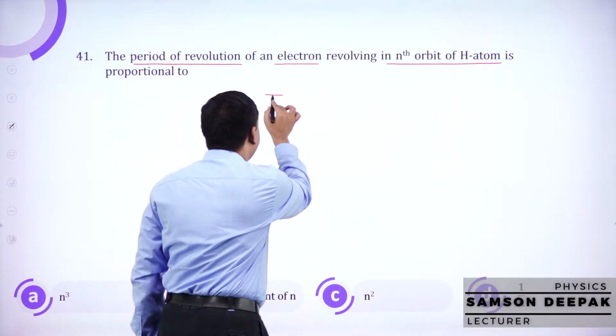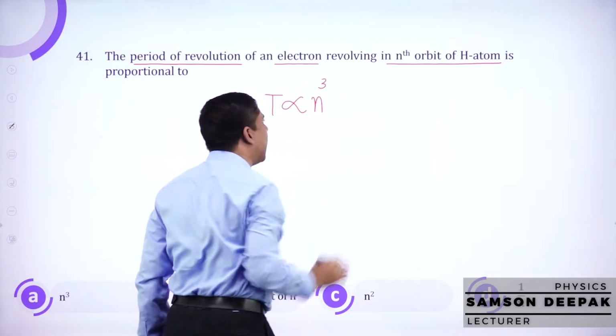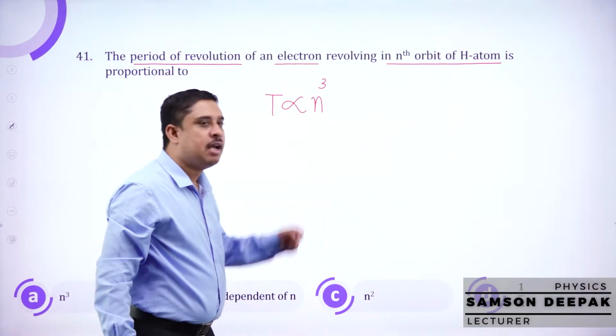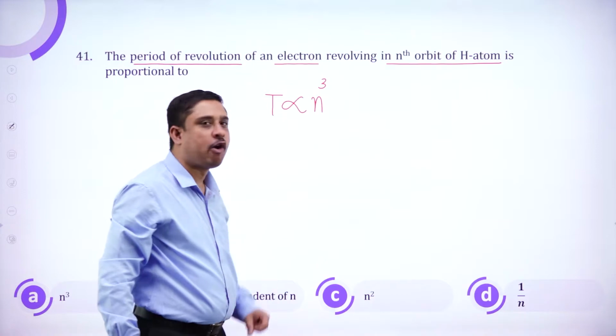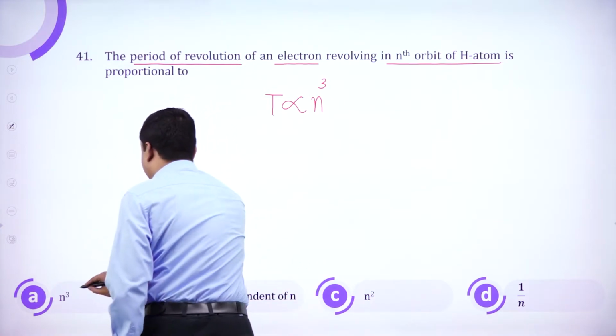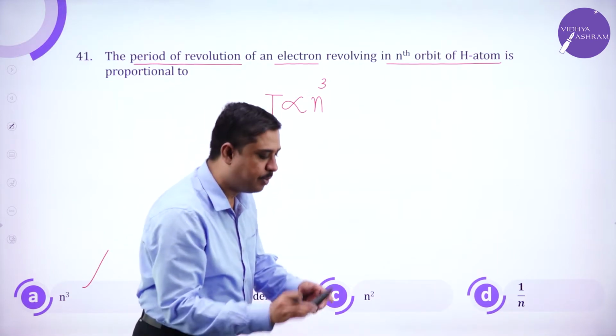Always remember, period of revolution is proportional to n cube. This is a conceptual question. Period of revolution is proportional to the cube of the orbit number.